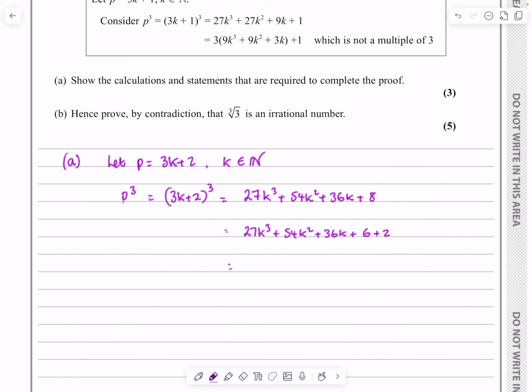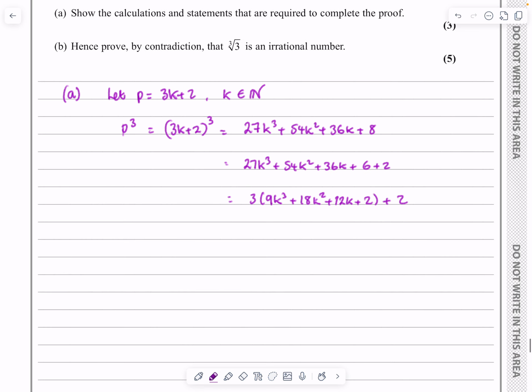So if I now do that, 3 comes out: 9k cubed, 18k squared, 12k plus 2, plus 2. I've now got 3p plus 2. I've got something which clearly is not a multiple of 3.